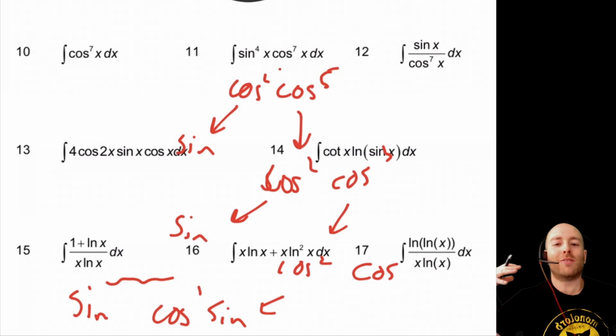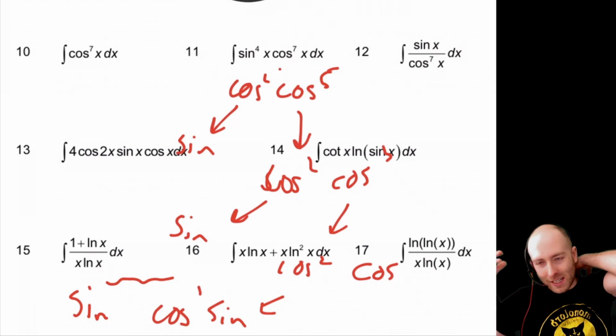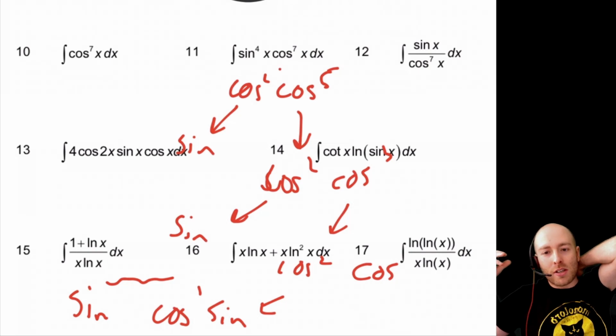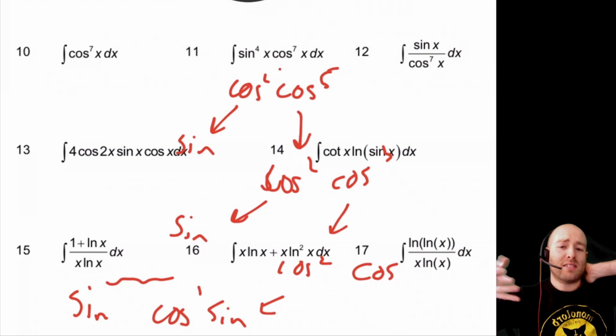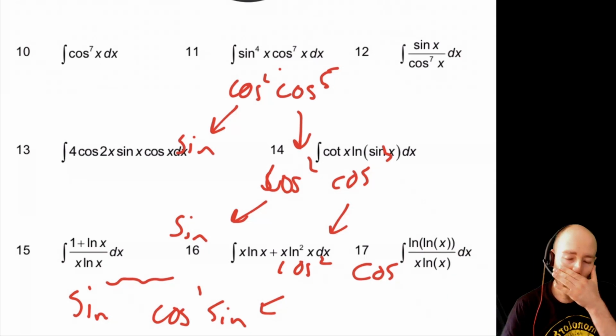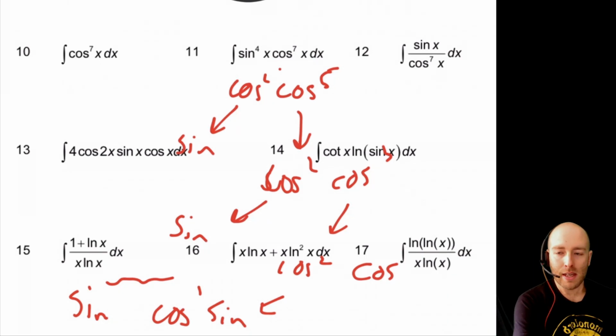How you're meant to do this one really is with some sort of expansion, and that's kind of what you're doing in this example. But I don't want to do it because it'll take half the lesson, and that's the method.